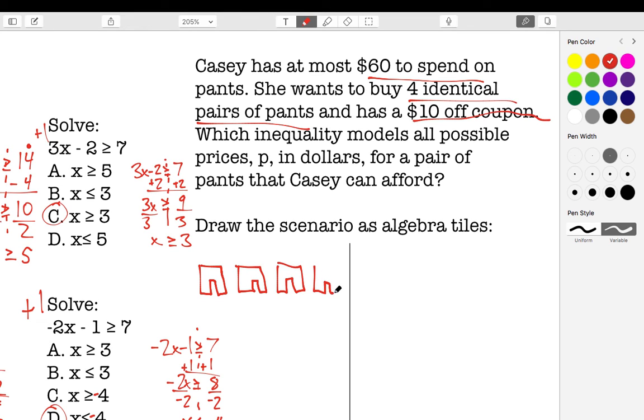Do you know how much each pair of pants costs? So what are you going to use? P. So P, P, P, P on the pants. Okay, so you have these. Now what else? $10 off coupon. So here is your $10 off coupon.